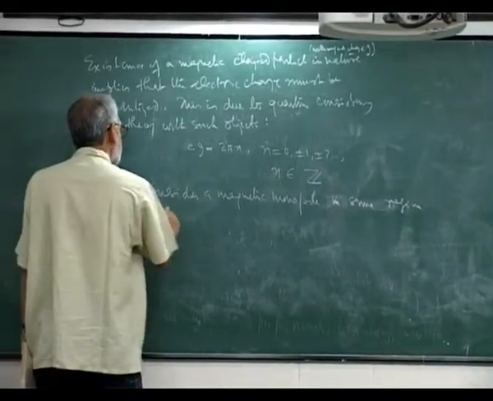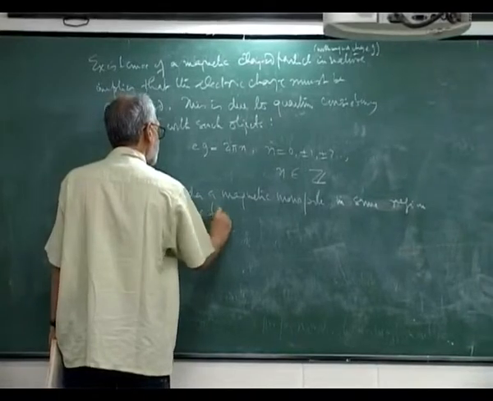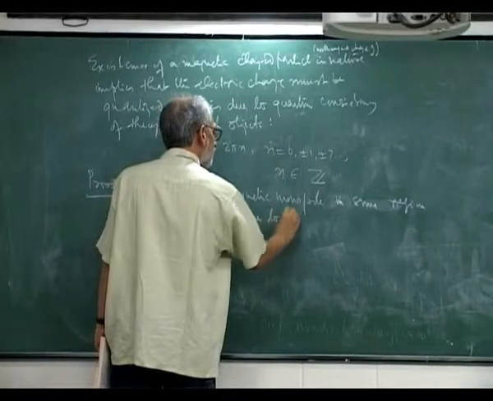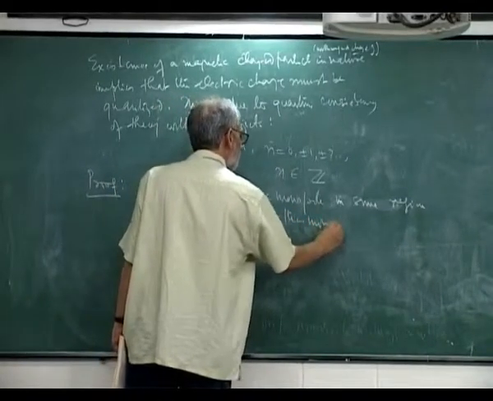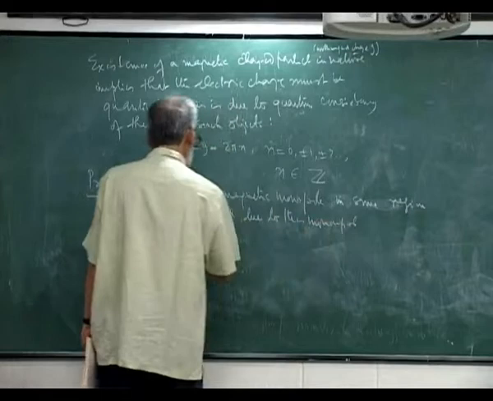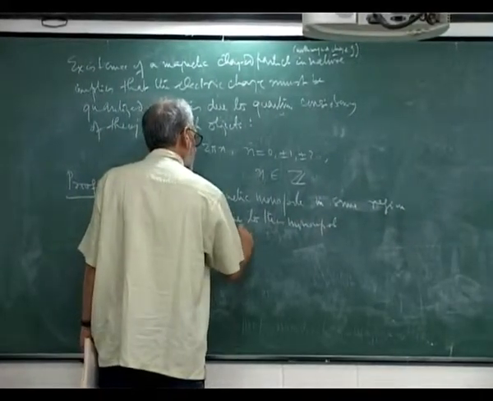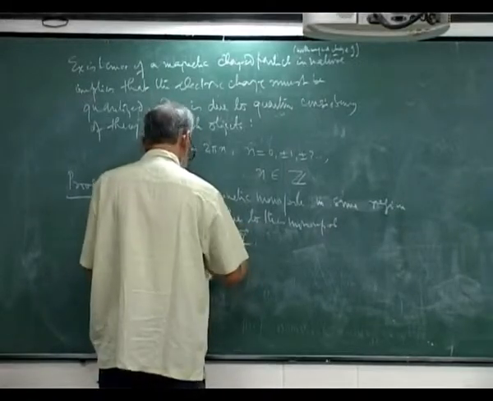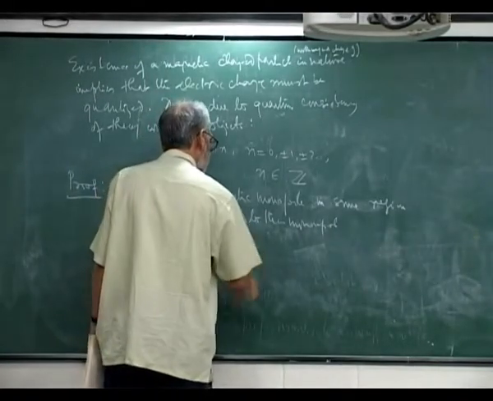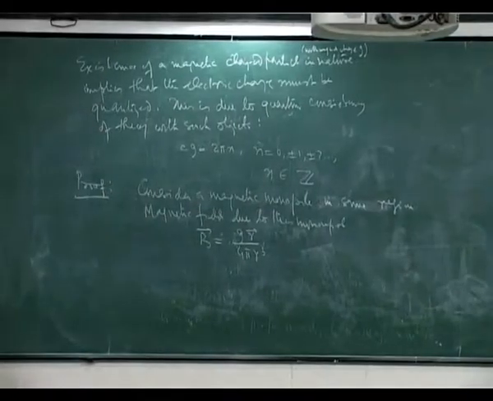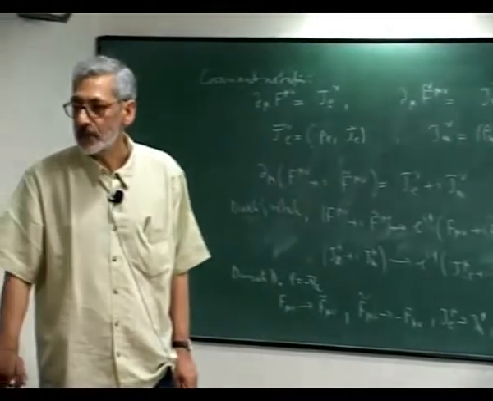The magnetic field due to this monopole is B equals the magnetic charge times the radial vector over 4π r³. That's what the magnetic field of a magnetic monopole is.